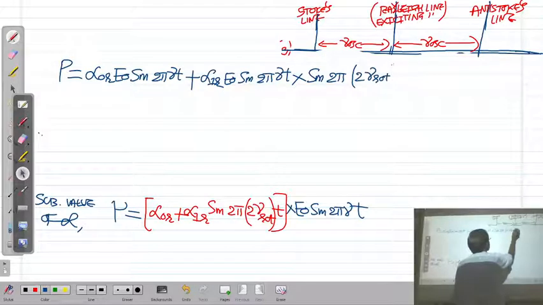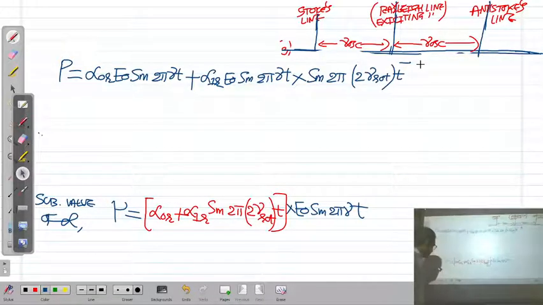And nu rho is the rotational frequency of the molecule. So the induced dipole moment in the rotating molecule, P is equal to alpha 0r into E0 sin 2 pi nu t plus alpha 1r into E0 sin 2 pi nu t into sin 2 pi 2 nu rho t.